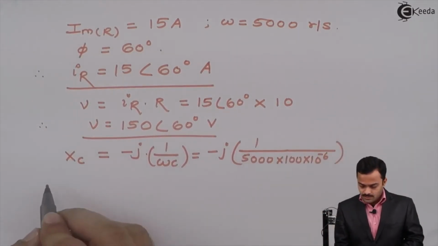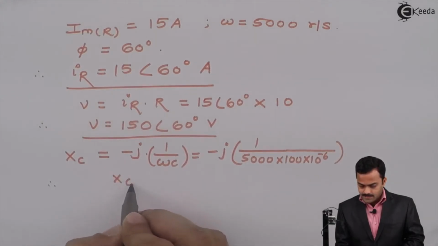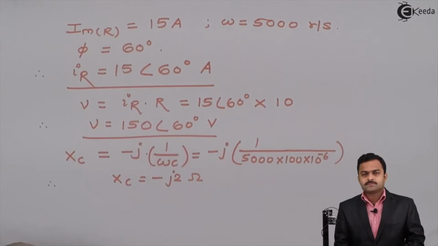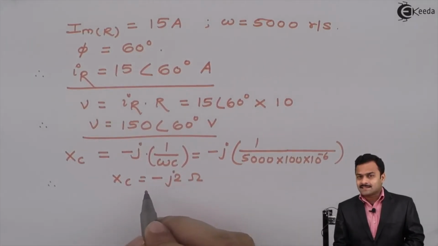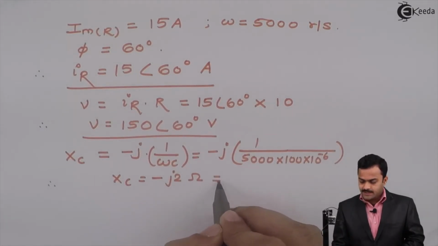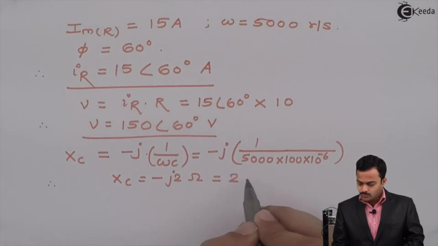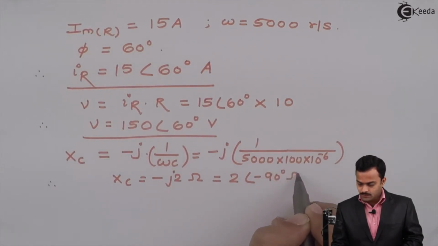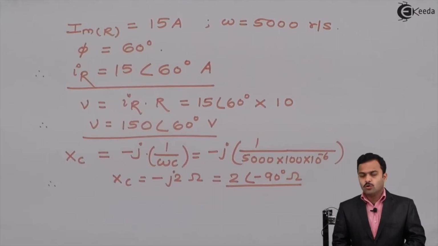If I solve, I will get XC as minus j 2 ohm. It is in rectangular form. I can write it in phasor or polar form as 2 at an angle minus 90 degrees, the unit being ohm.